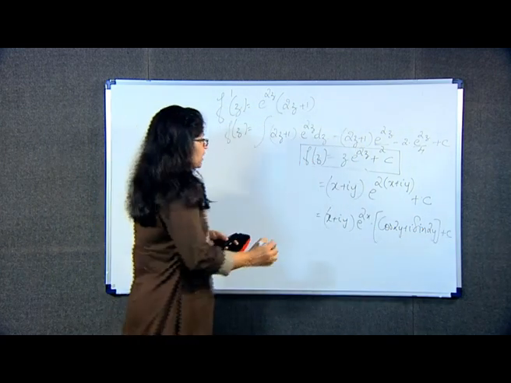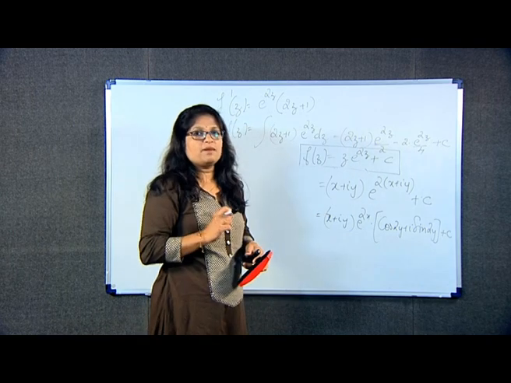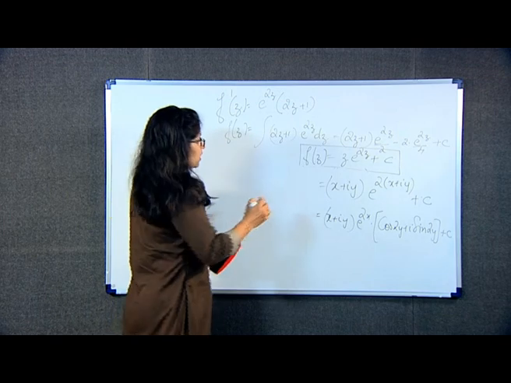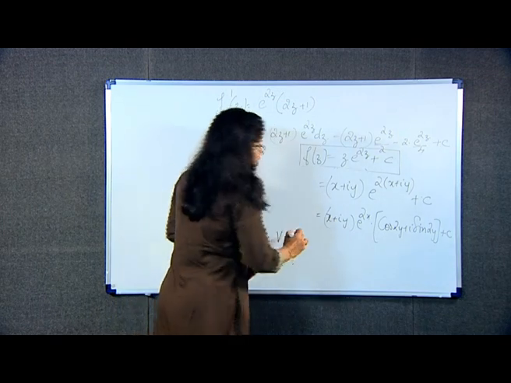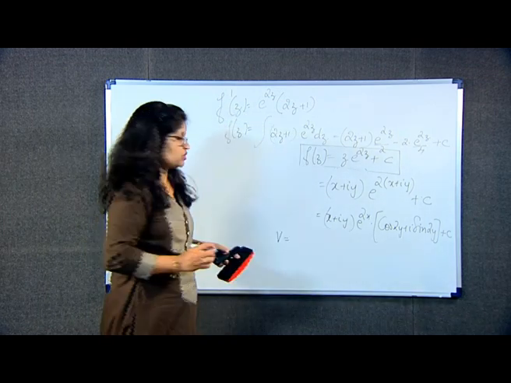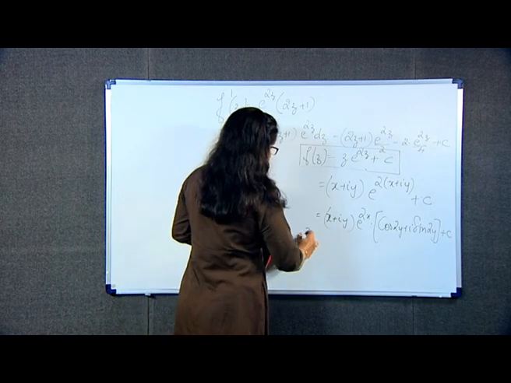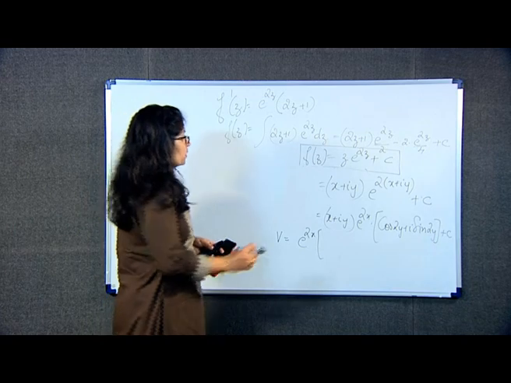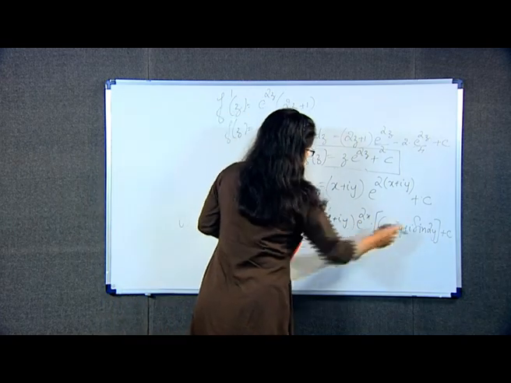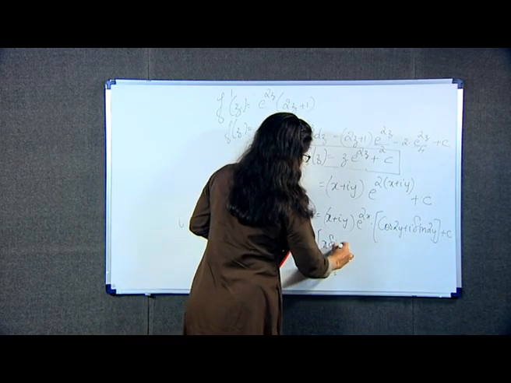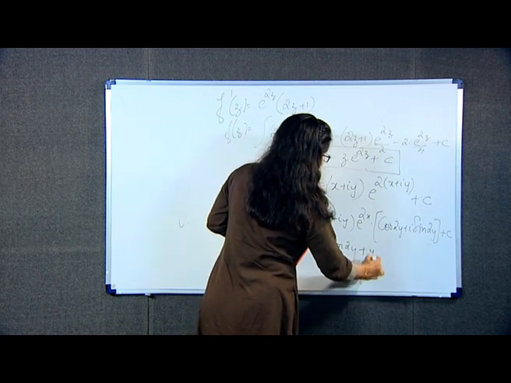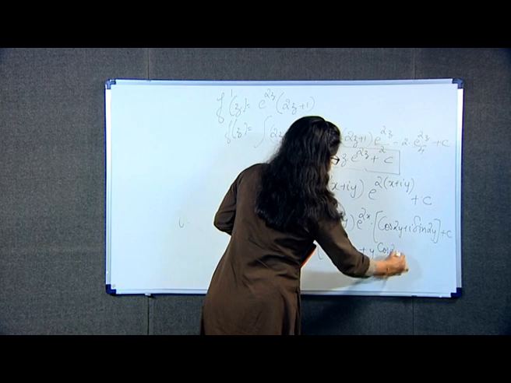Now if I collect, I want my v because u is given to you and now we have to find v. So, v means the imaginary terms in this expression. So, e raised to 2x will remain and let us collect all the terms which will have an i. So, x into sin 2y will be one term and the other term will be plus y into cos 2y.